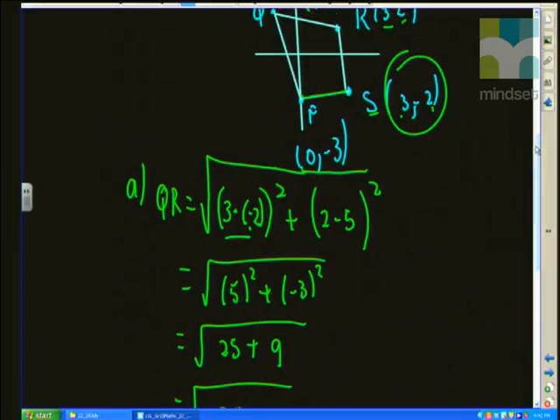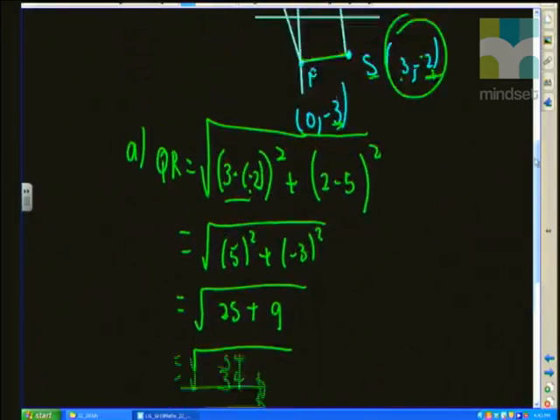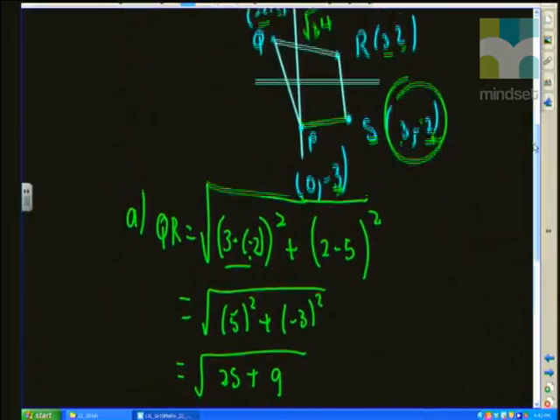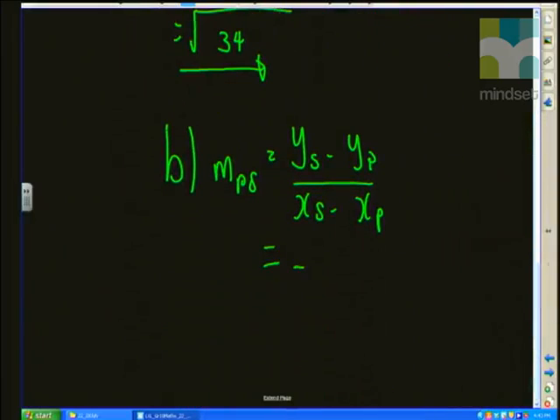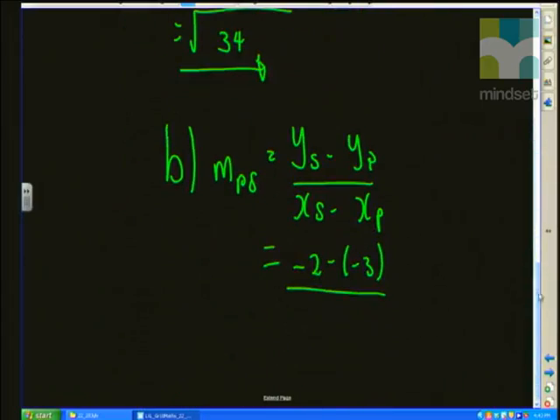Okay, so don't swap around in between. So I'm going to say y coordinate at point S, and this was a negative 2 there, minus y coordinate at point P, all over x coordinate at point S minus the x coordinate at point P. And I'm going to get minus 2 minus minus 3, all over 3 minus 0.